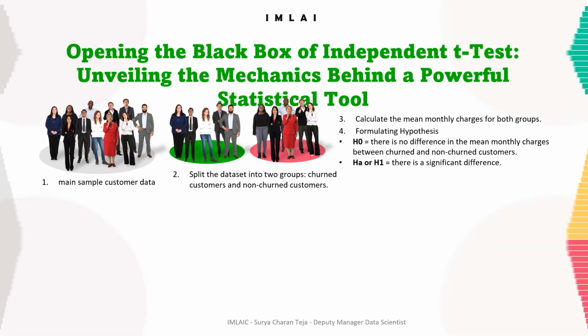Our null hypothesis is that there is no difference in the mean monthly charges between the churned and non-churned customers, which says that being churned or non-churned doesn't affect the monthly charges. Basically there is no statistically significant relationship between those two variables.